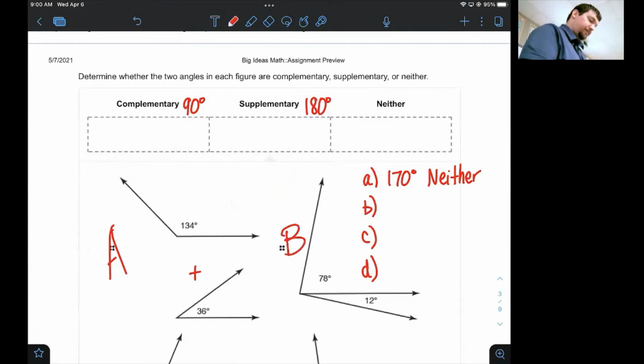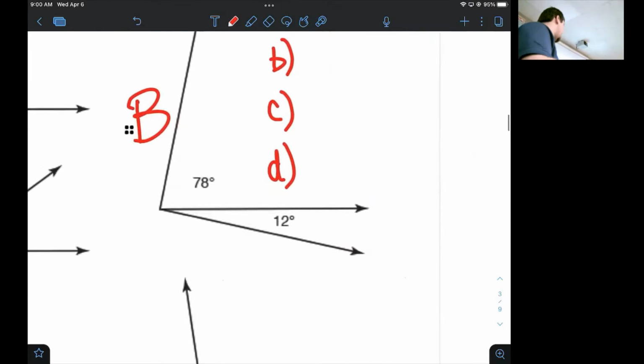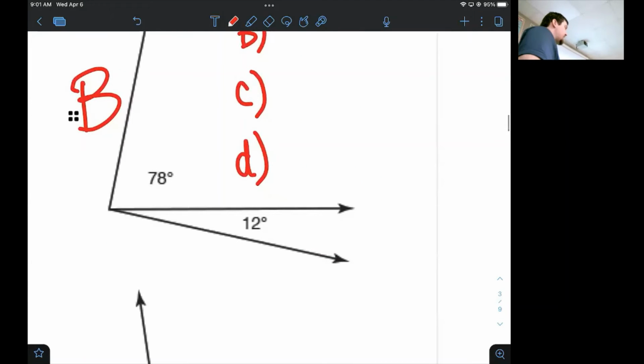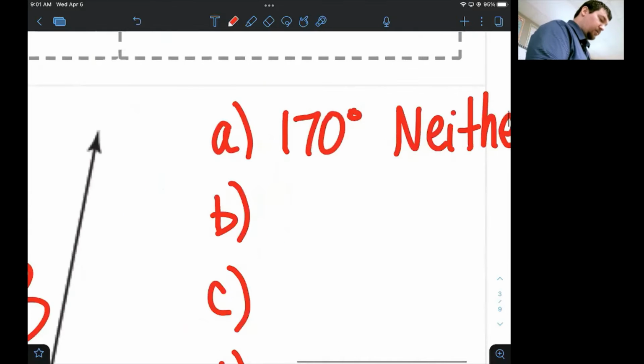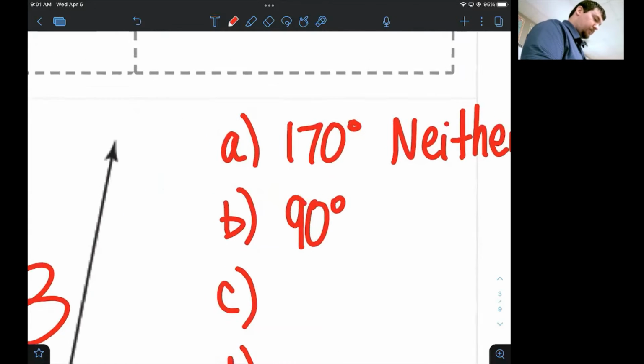Okay, this one's B. The two angles in diagram B are 78 and 12. Lainey, can you tell me what 78 plus 12 is? 90. Lainey, what do we call two angles that add up to 90 degrees?